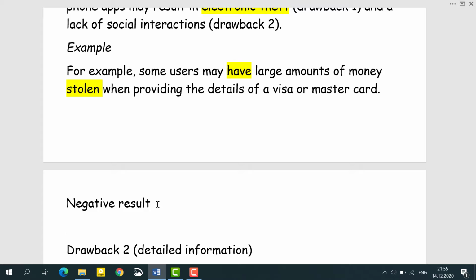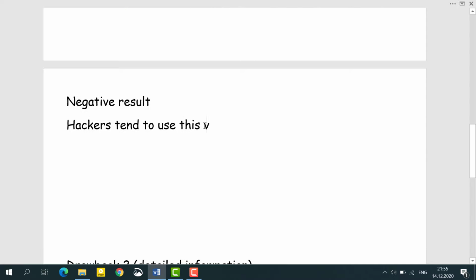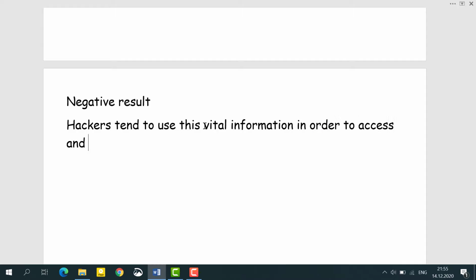Something like hackers tend to use this vital information in order to access and steal the money shared by online shoppers.